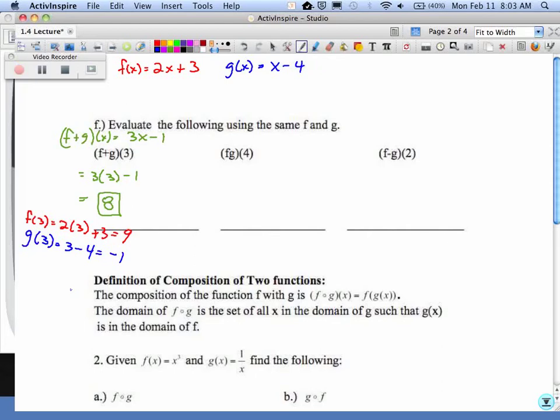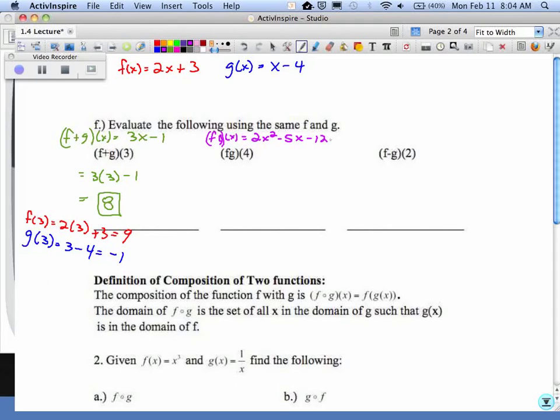If I plug in 4, so what was the resulting quadratic that we got? When we did f times g of x, it was 2x squared minus 5x minus 12. Okay.